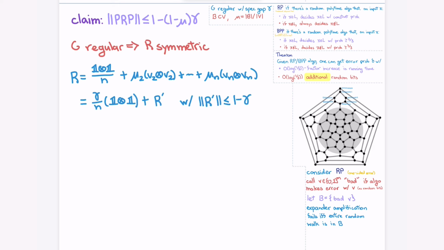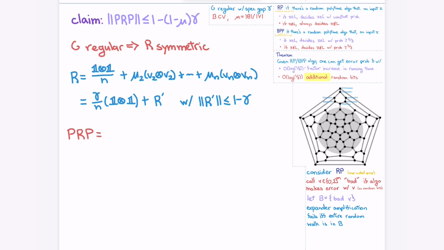Now, we're going to do the same thing we did last time. We're going to rip out a piece corresponding to the spectral gap, and then the remaining matrix has absolute maximum eigenvalue at most 1 minus gamma. Okay, so if we look at PRP and we plug in this stuff, oh, now I actually have to write.